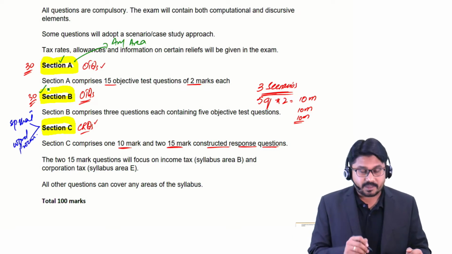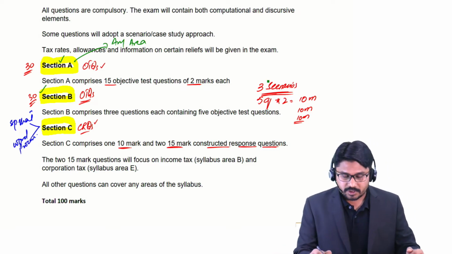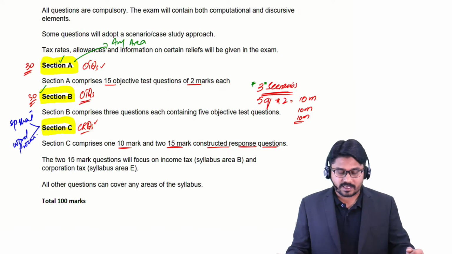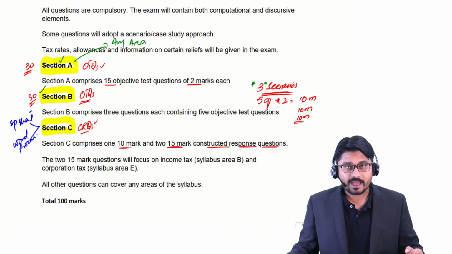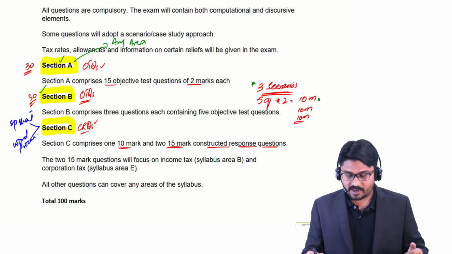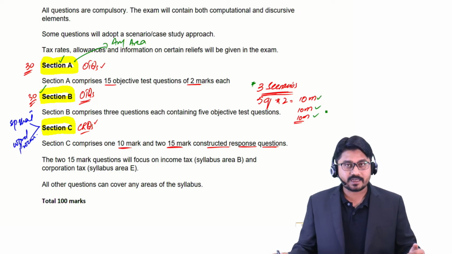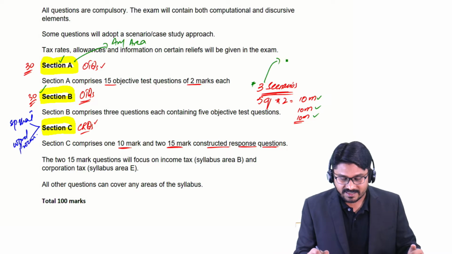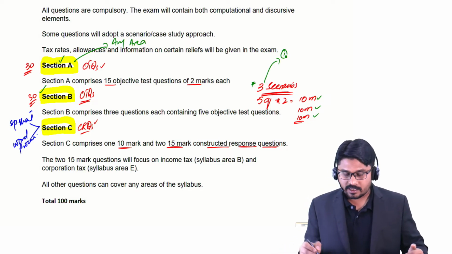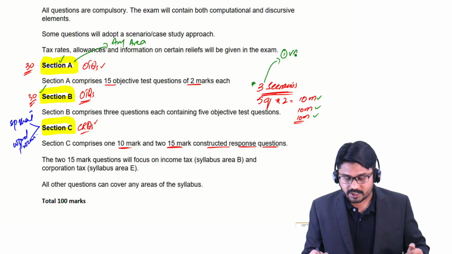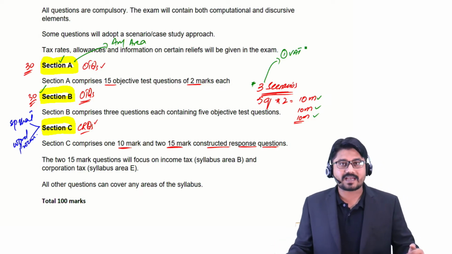With respect to Section B, as I told you, there are 3 scenarios in total, and each scenario has 5 questions of 2 marks each, so 10 marks for each scenario. But the good thing is that we can specify the relevant areas. One scenario is pertaining to value added tax.